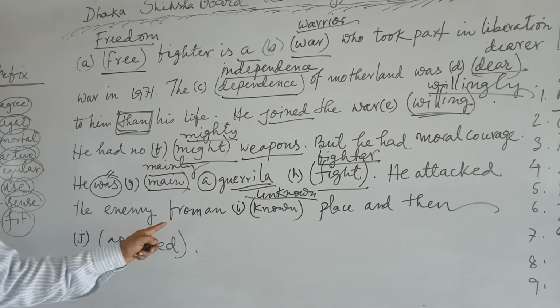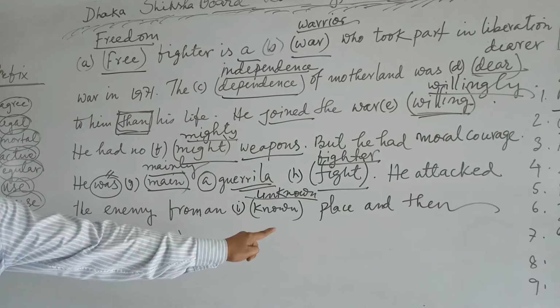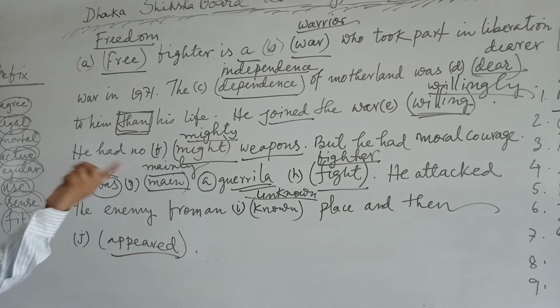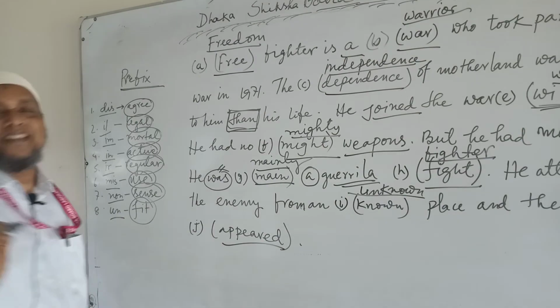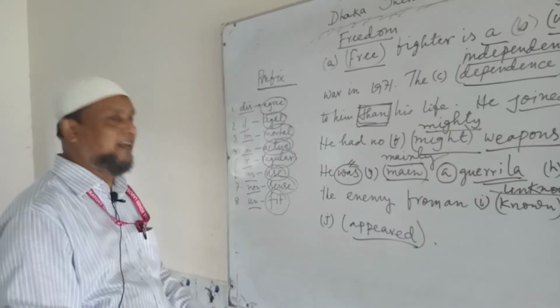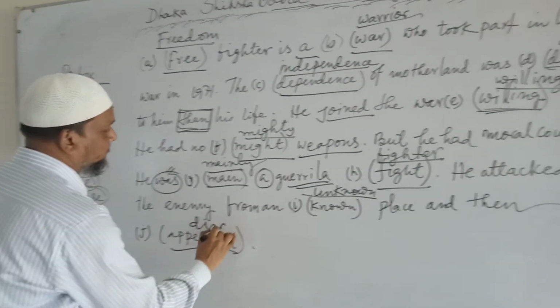He attacked the enemy from an unknown place and then appeared. Not appeared, but disappeared. অর্থাৎ সে একটি অজানা জায়গা থেকে আঘাত করে আবার অদৃশ্য হয়ে যেত, এটাই হবে মিনিং। সুতরাং disappeared.